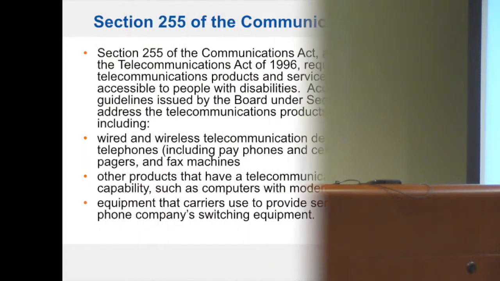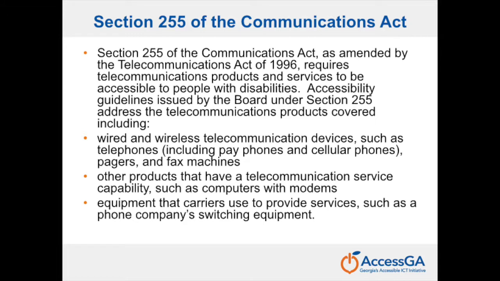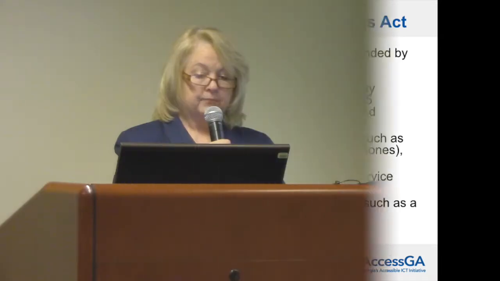Okay, Section 255 of the Communications Act, as amended by the Telecommunications Act of 1996, requires telecommunication products and services to be accessible to people with disabilities. Accessibility guidelines issued by the board under Section 255 will address those telecommunication products covered, and it includes so many different products.